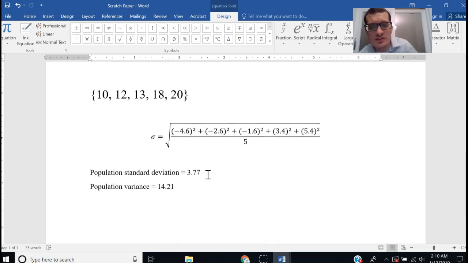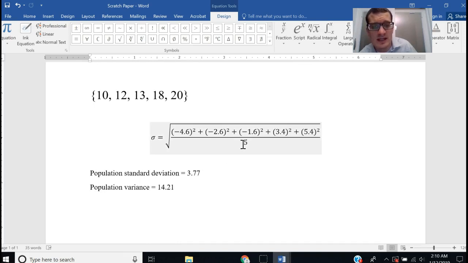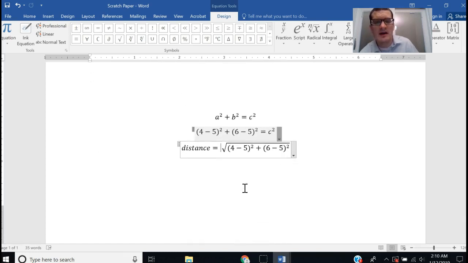Now, there is a division by n that we do have to take into account when we deal with standard deviation, but that's just a factor, a limiting factor when you get bigger and bigger sets, that makes sure standard deviation does not fly out of control in terms of size.